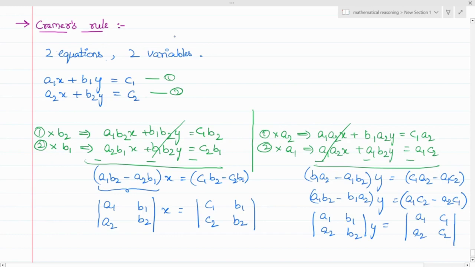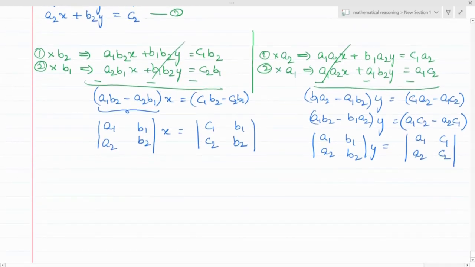Now here what Cramer said is, instead of doing all this multiplication, subtraction and all, just find the determinants individually. Here what are a1, a2, b1, b2? They are nothing but the coefficients of x and the coefficients of y in the two equations.